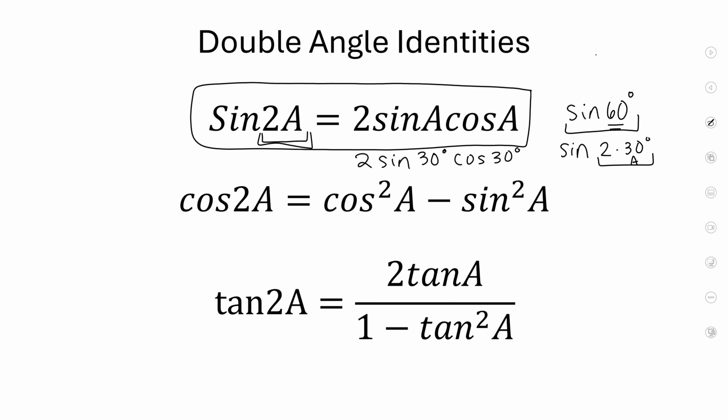So if you think of the unit circle, here is 30 degrees right here, and the coordinate at 30 degrees is square root of 3 over 2 for cosine, and sine is 1/2 at 30 degrees. So that means this is 2 times 1/2 times square root of 3 over 2.